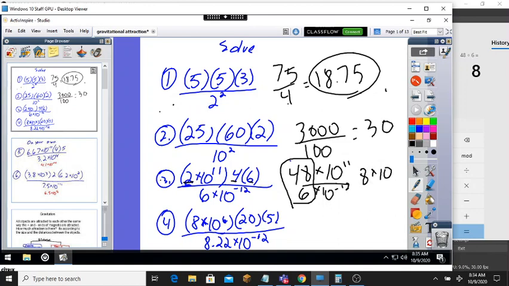Eight times 10 to the, so here we have 11 minus, and that's negative 12, right? When you minus a negative, you're actually adding those numbers. So here we have 11 plus 12.